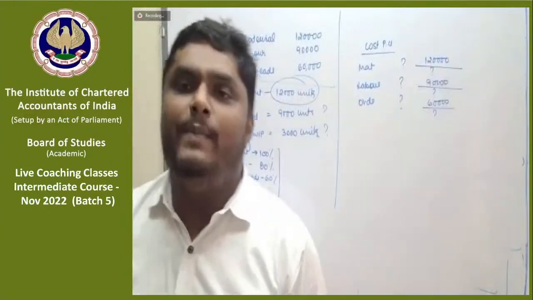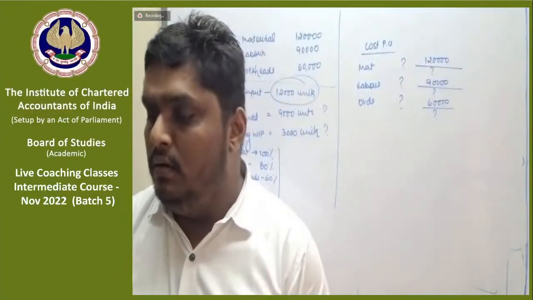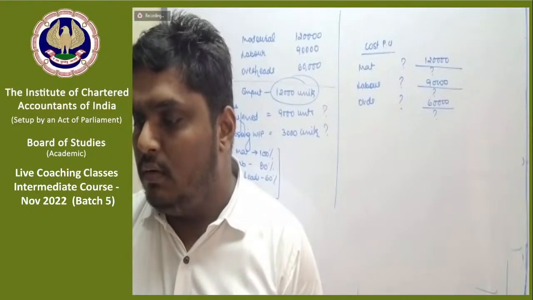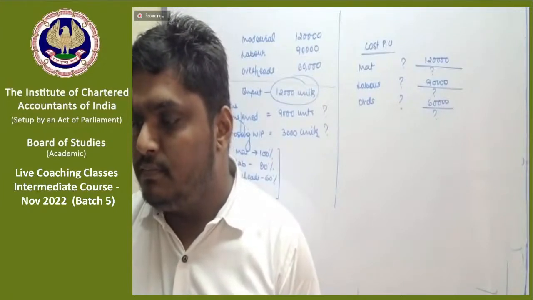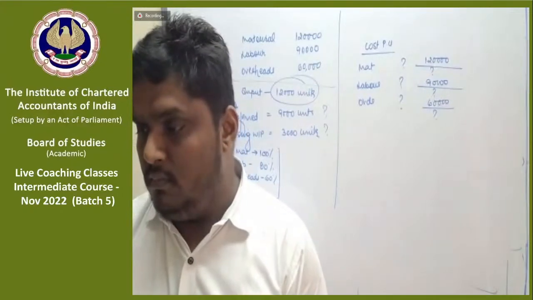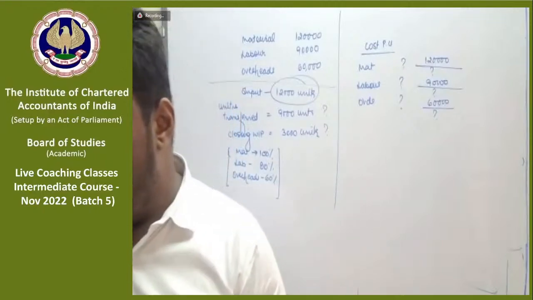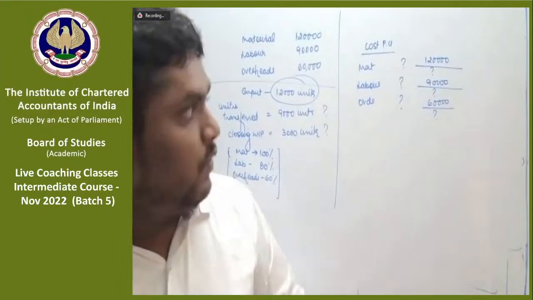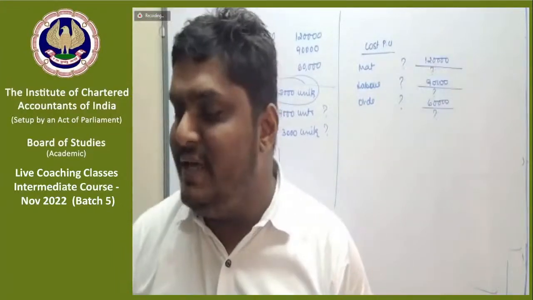You have to divide by the equivalent number of units. What is the cost per unit you guys have calculated?